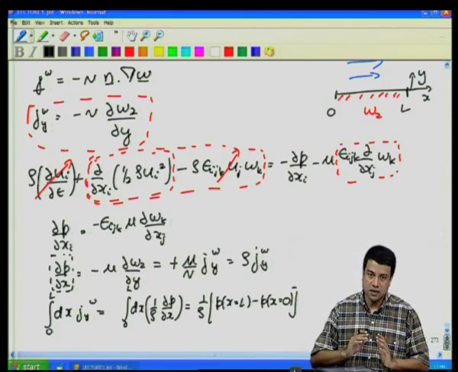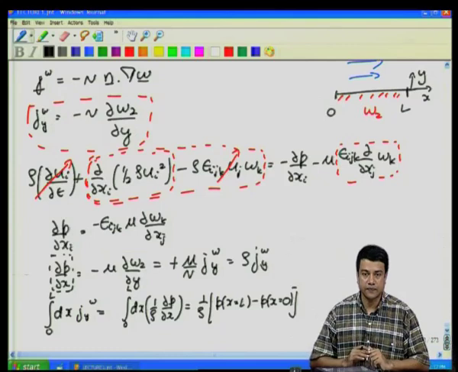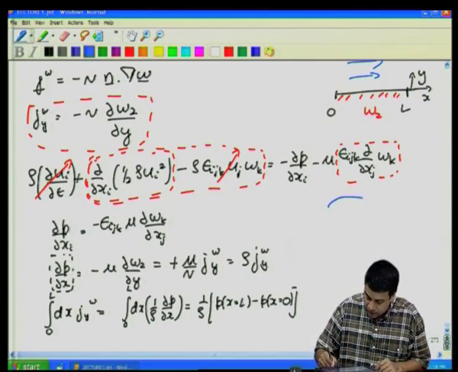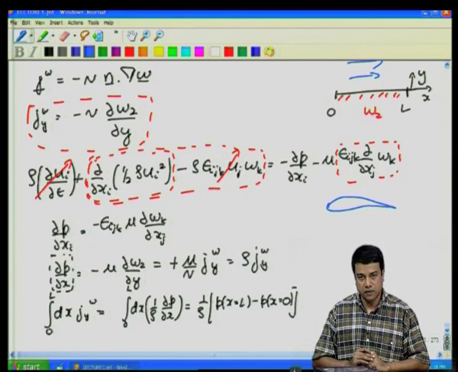Even though at certain locations you may have vorticity coming out and at other locations it goes back in, such that the net vorticity is equal to 0. Our familiar example of cylinders or airplane wings: we solved the potential flow problem for a cylinder and we also motivated the potential flow problem for an airplane wing.